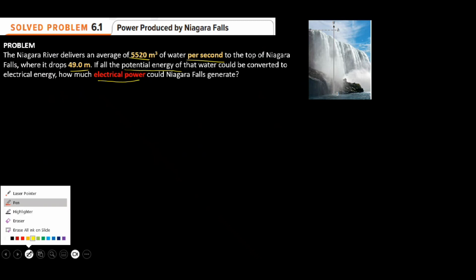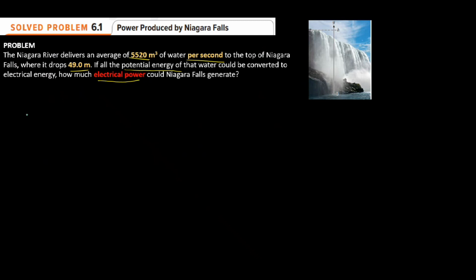Let's write down what the question has given. Question has given me an average of 5520 meter cube of water per second. Now meter cube is a unit of volume. Per second means per time. So this number over here, 5520, that is my volume per unit time.